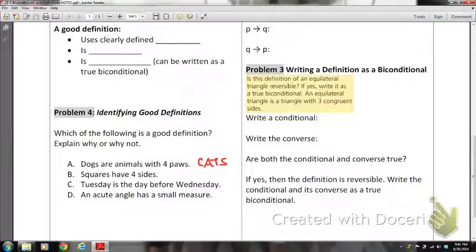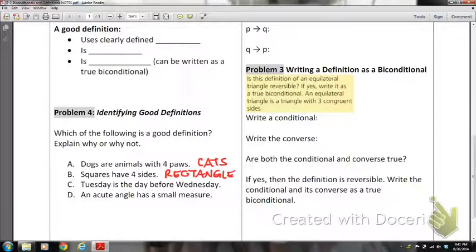Squares have 4 sides is the next one. That's also not a good definition, because a rectangle is an example of a figure with 4 sides. It's not a square. C says Tuesday is the day before Wednesday.